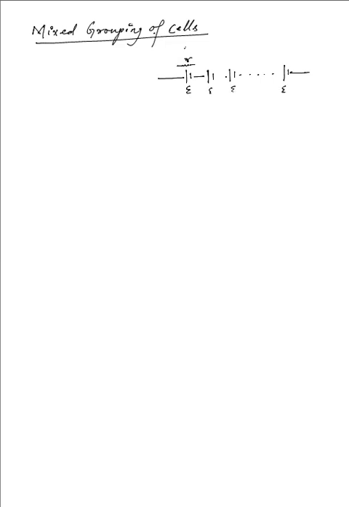Like that, we have n number of cells connected in series, and we have m such rows. So m such rows for n number of cells connected in series. That means we connect them parallelly.